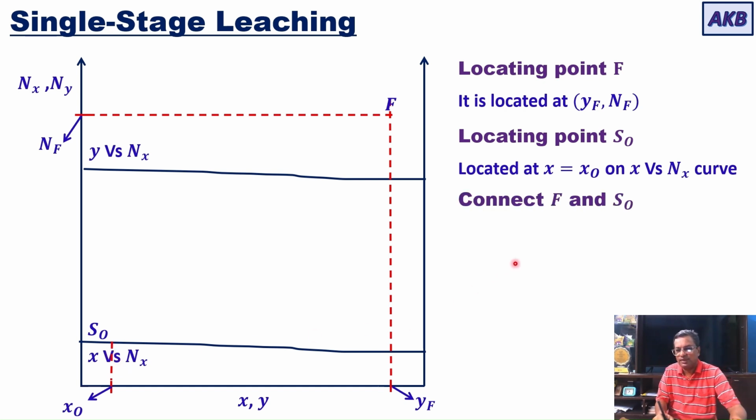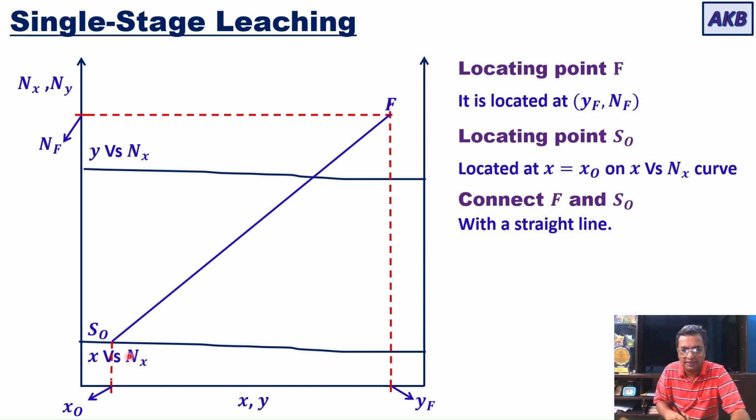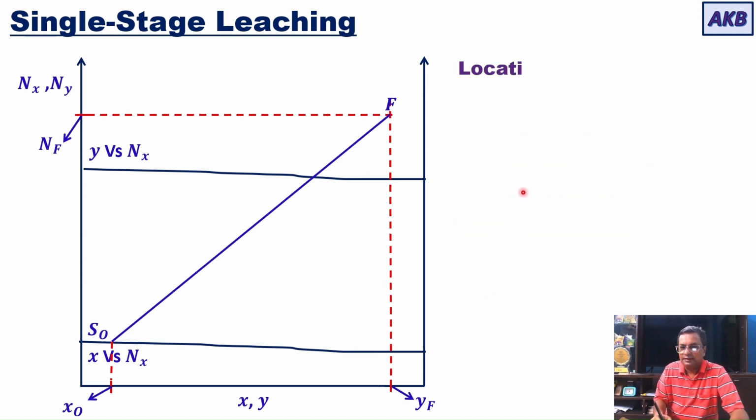And the next task is to connect F and S0. These 2 points will be connected with a straight line. In this way, you get the straight line. Then, the next task is to locate point M1.